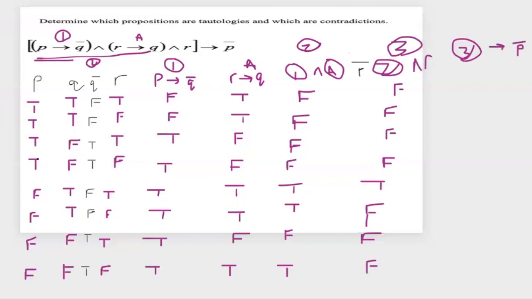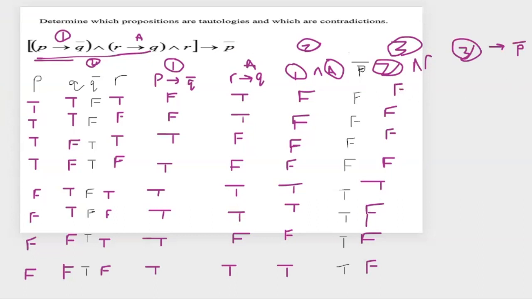And negation of P means I have 4 false and 4 true. So the order matters. We're going to start with 3. All of this is 3 imply negation of P.